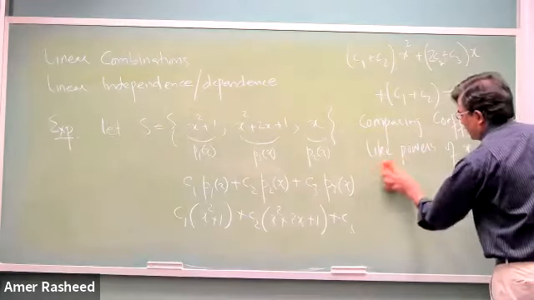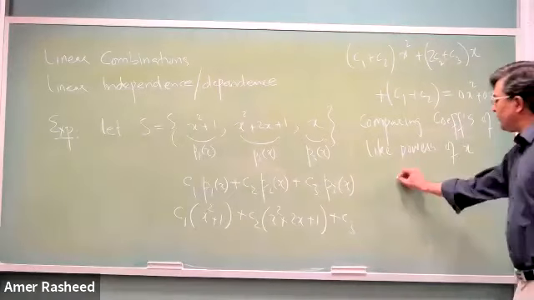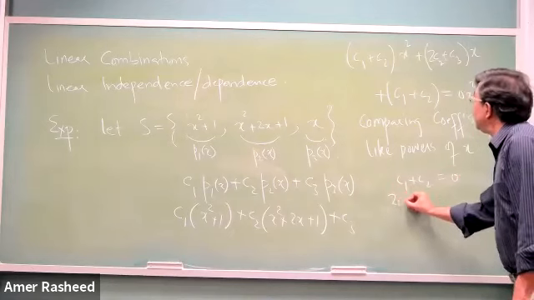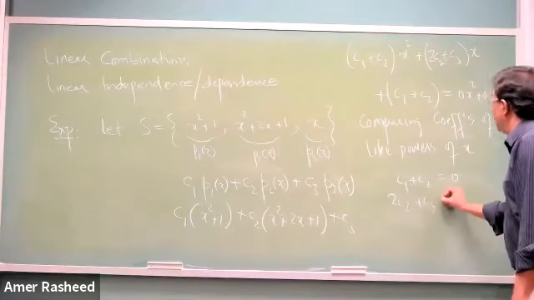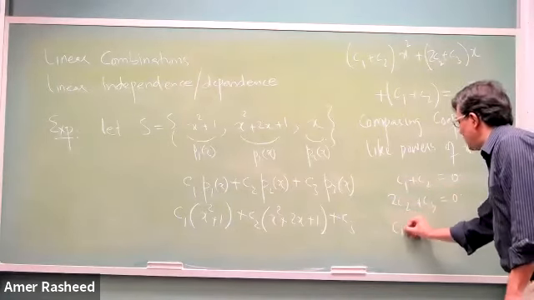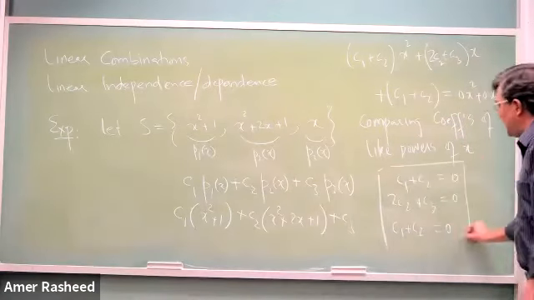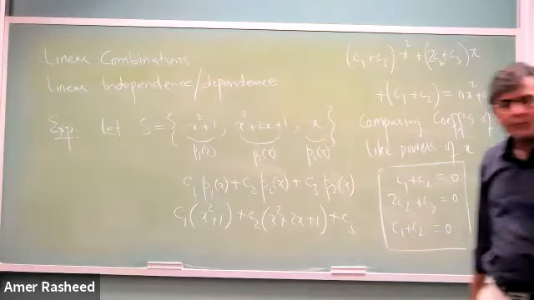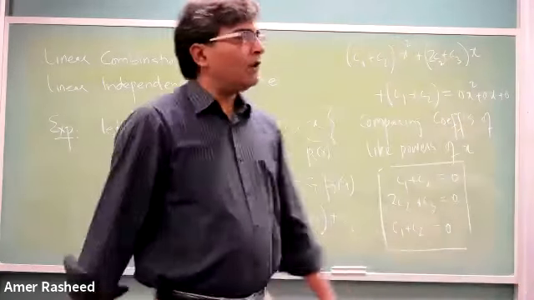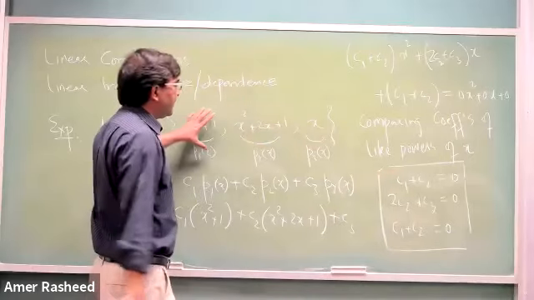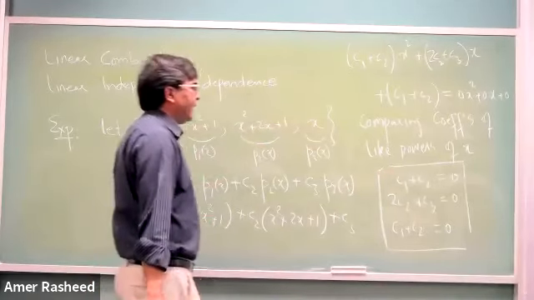We get a homogeneous linear system: C1 plus C2 equal to 0, 2C2 plus C3 equal to 0, and C1 plus C2 equal to 0. What is this? This is a homogeneous linear system. After solving it, we can decide whether this set of polynomials is linearly independent or not.